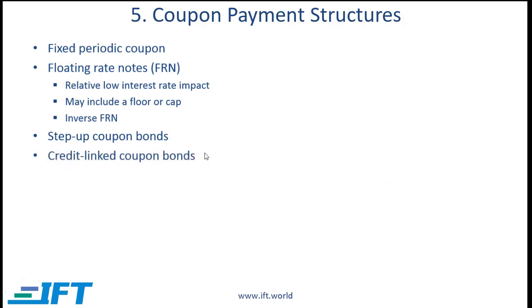Credit-linked coupon bonds have coupon payments which are linked to the credit rating of the bond. So with these bonds, if the credit rating of the issuer or the bond comes down, then the coupon payment will go up. Payment in kind coupon bonds.